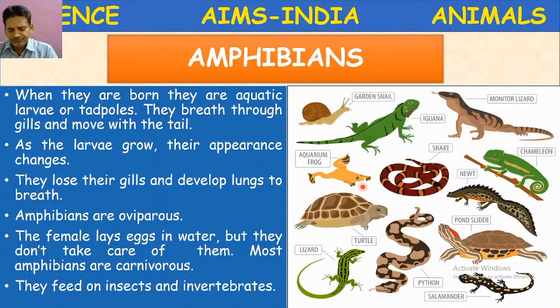Digits without nails and webbed feet are present in the amphibians to swim in the water. They possess webbed feet. Next, they are oviparous and lay the eggs. These are some of the basic characteristic features of amphibians.